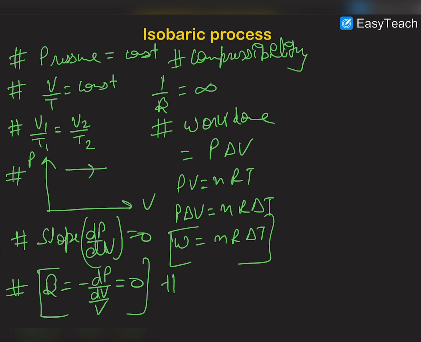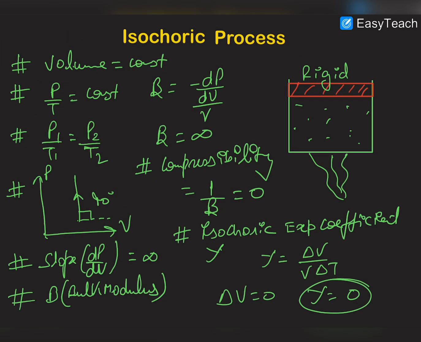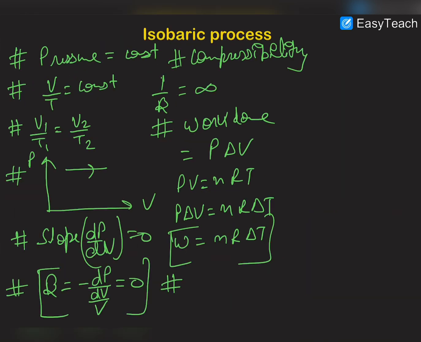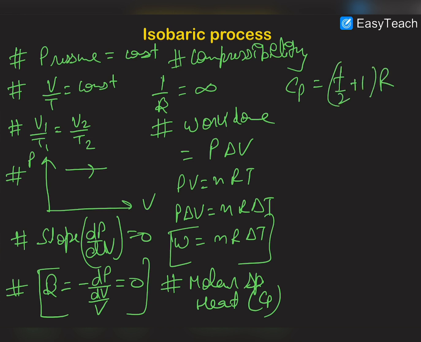Now if we discuss the molar specific heat, molar specific heat for isobaric process is Cp, and Cp, we know, is (F by 2 plus 1) into R. So we can find out the value of Cp for different values of degrees of freedom.